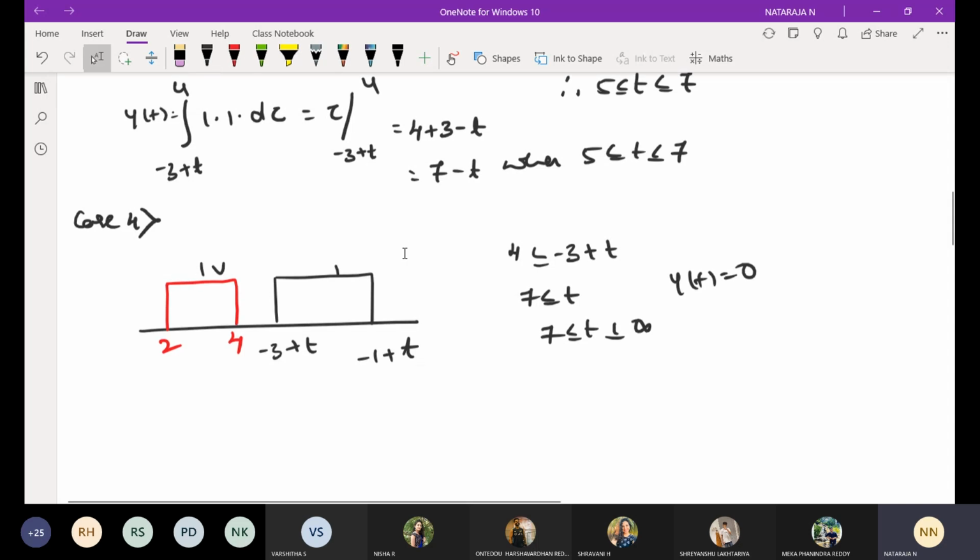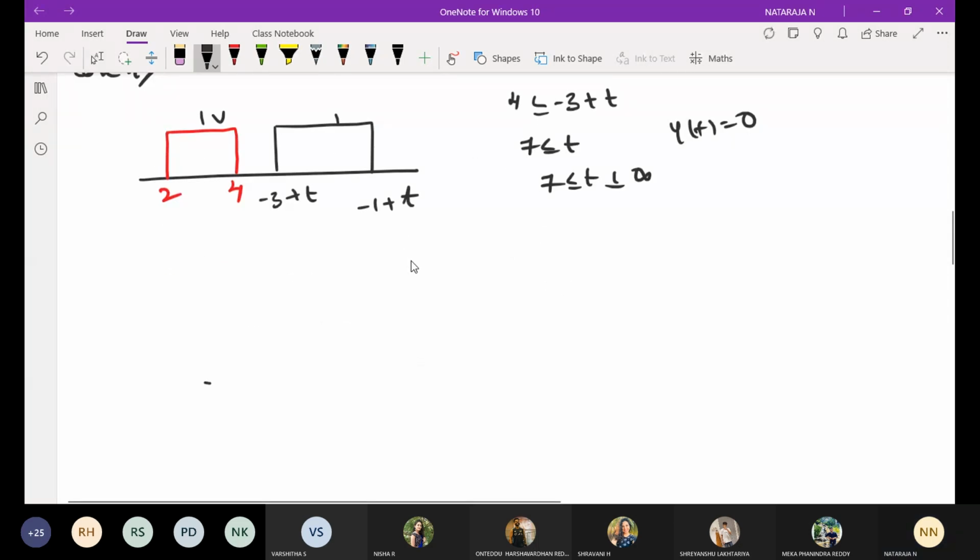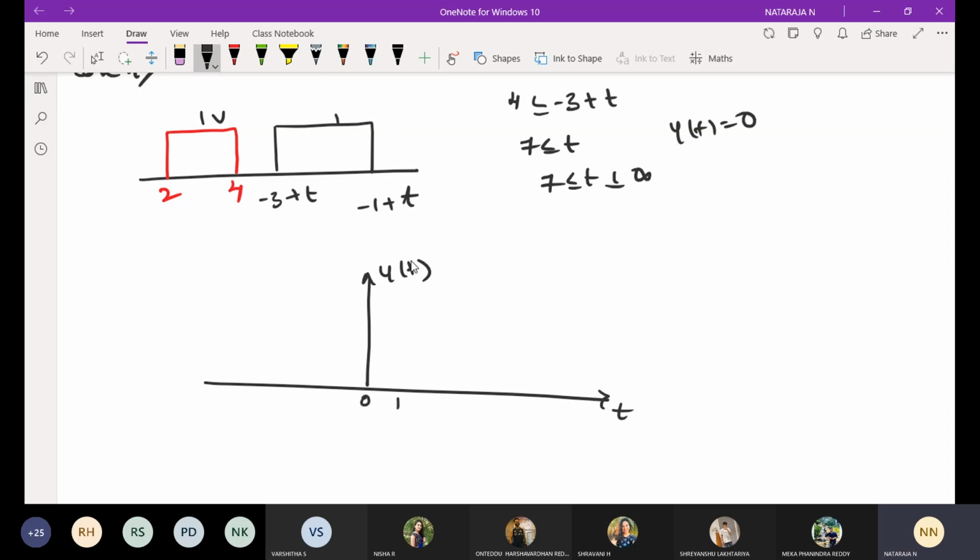Finally, we need to sketch y of t. Y of t actually up to 0, 1, 2, 3, 4, 5, 6, 7.